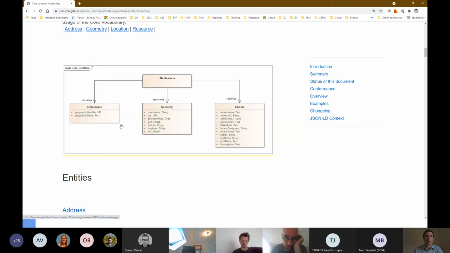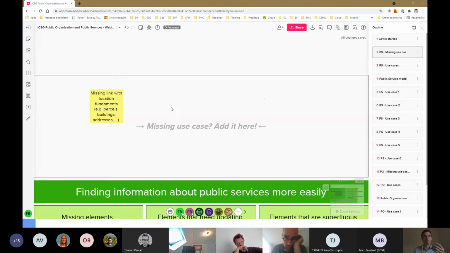You can also define a location more generically, or a geometry with, for example, geo-coordinates, latitude, longitude, etc. That's, in my understanding, a possibility we have: when there is a need within the public service model, we can reuse what exists over there.